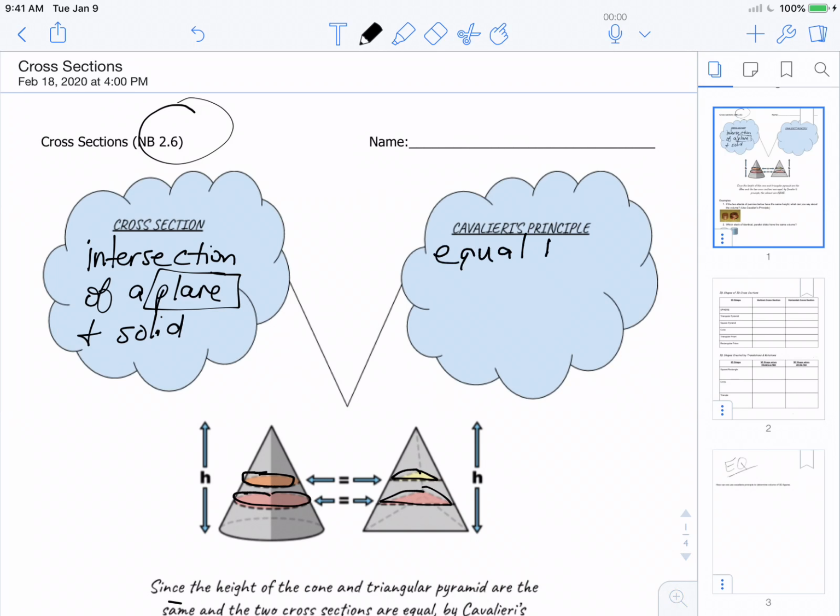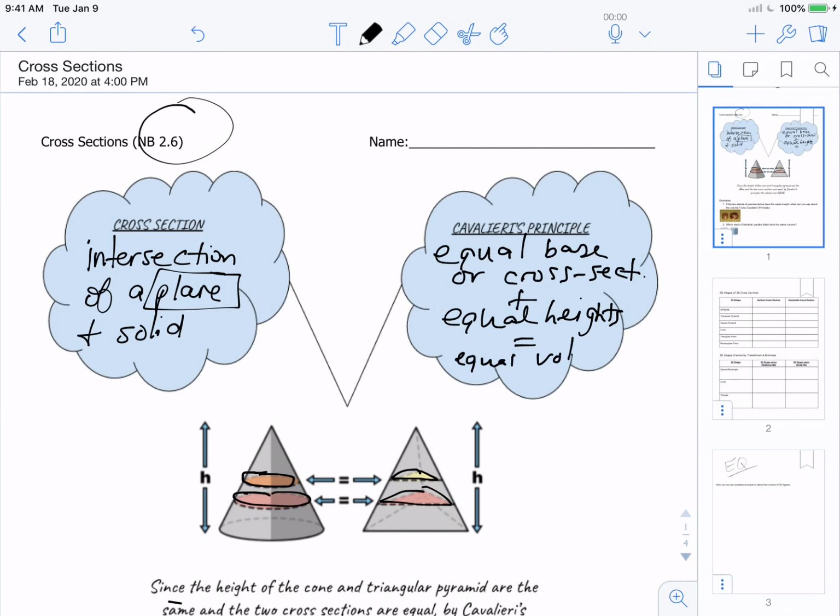Equal base or cross section plus equal height equals equal volume. Okay?